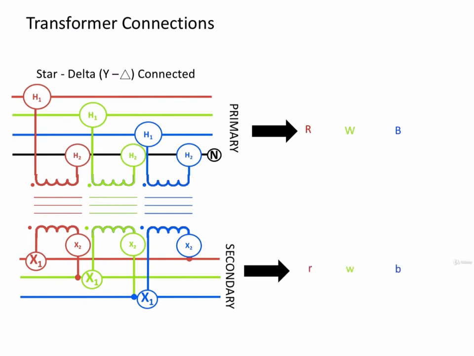And if I'm describing the voltages in the secondary side of the transformer, I'm going to use the lowercase letters r, w, and b. If we're talking about phase-to-phase values, I will use both letters.